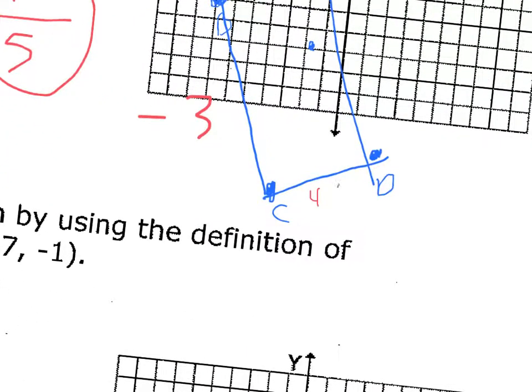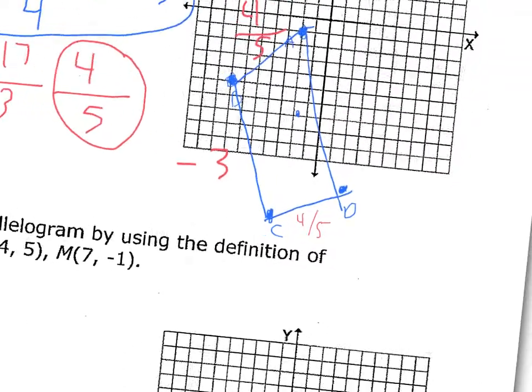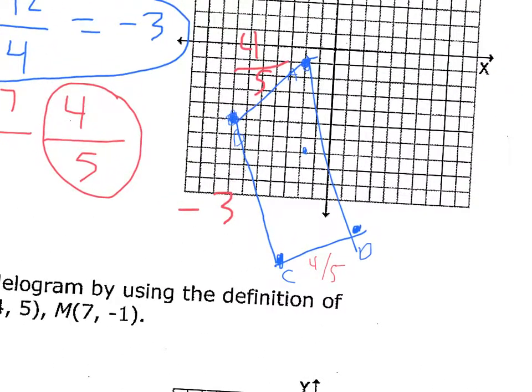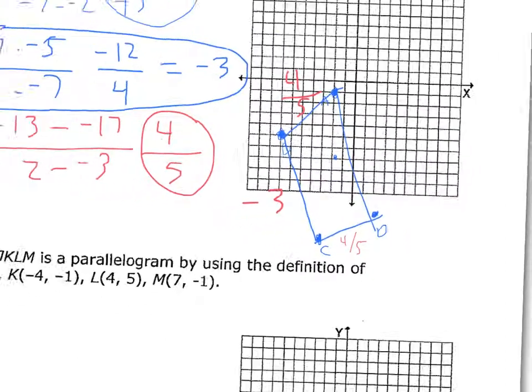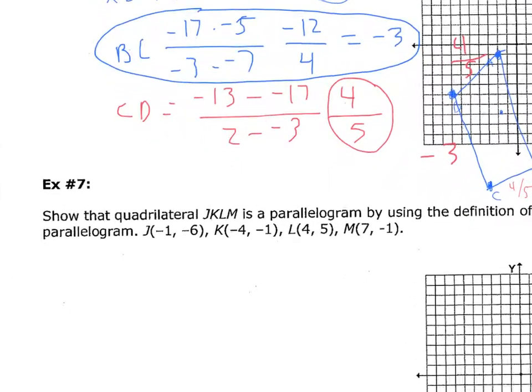So you can see that our first set of opposite sides have the same slope, which is what we're looking for. Now we need to see if AD has the same slope as BC. Almost done here.